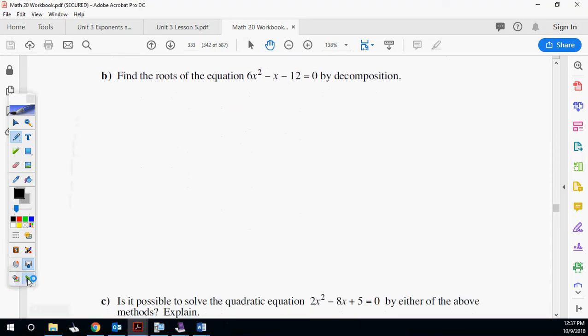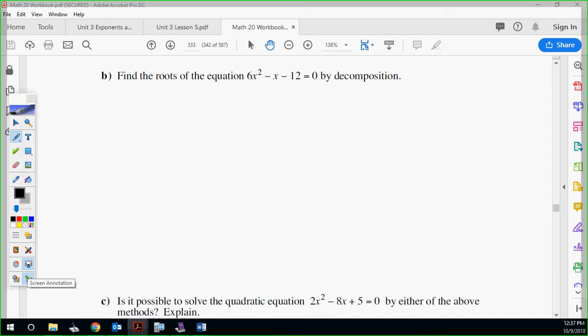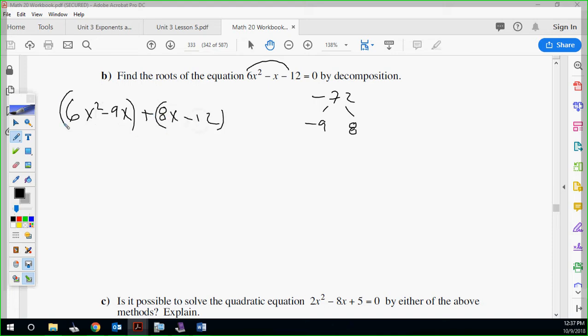So look at B now. So B, we're doing decomposition now. We have to do decomposition because there's a number in front. 6 times -12 is -72. Factors of -72 that are 1 apart, -9 and 8. So we got 6x squared minus 9x plus 8x minus 12. Going to do our grouping now. 6 and 9, x and x, so 3x gives me 2x minus 3.